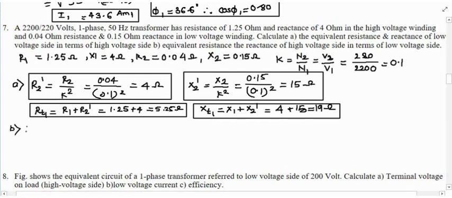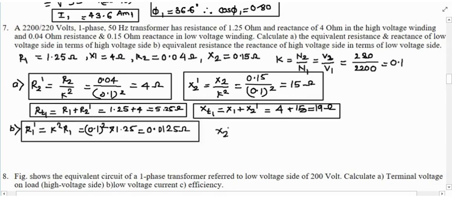B part is nothing but your R1 dash, means primary resistance referred to secondary side. It is nothing but K square into R1. So K square is 0.1 square into my R1, which is 1.25. So you will get this as 0.0125 ohm.